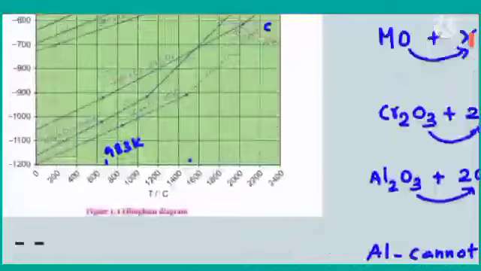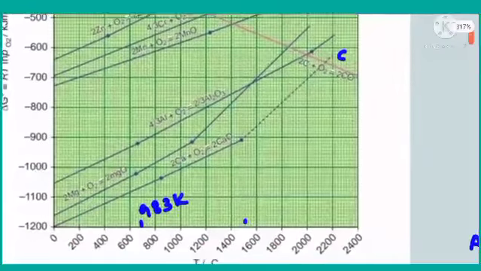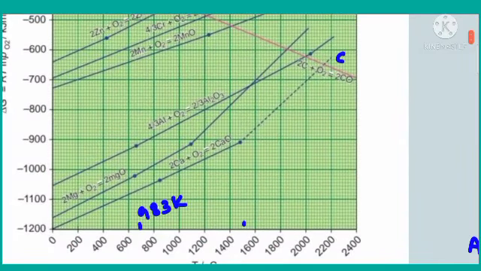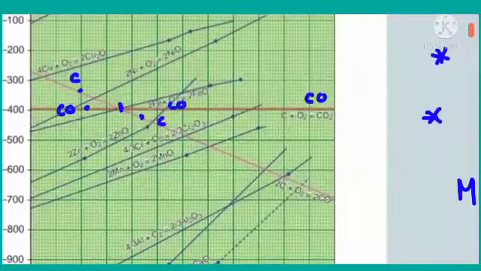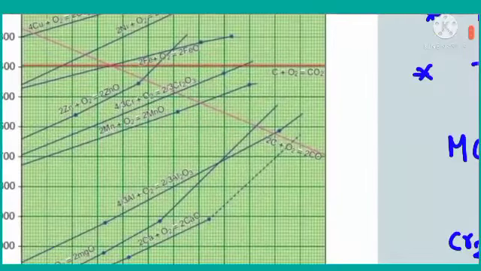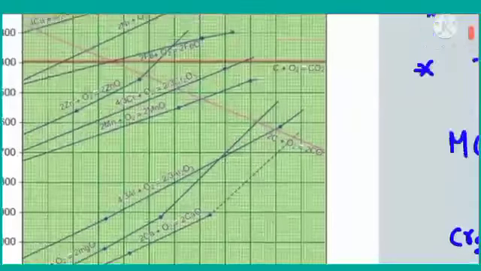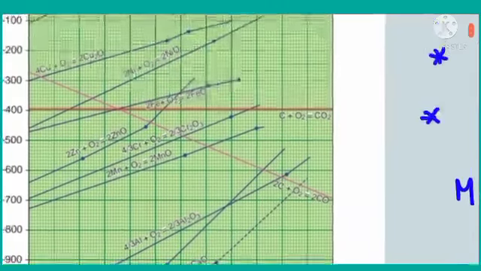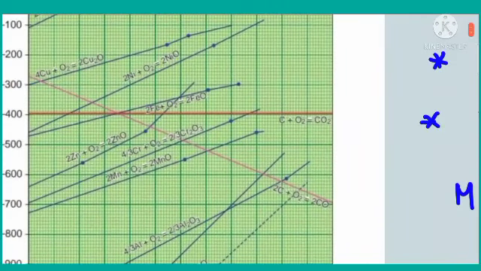So look at the Ellingham diagram. Where is the zinc oxide line? This is the zinc oxide line, isn't it? Now this is the carbon monoxide line.